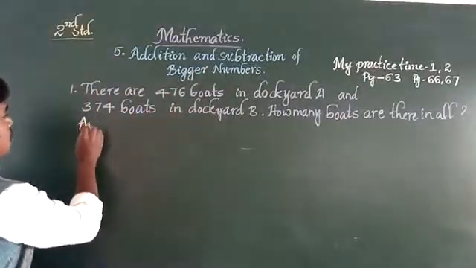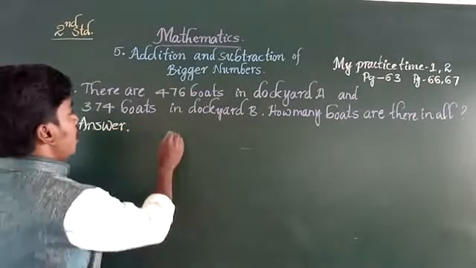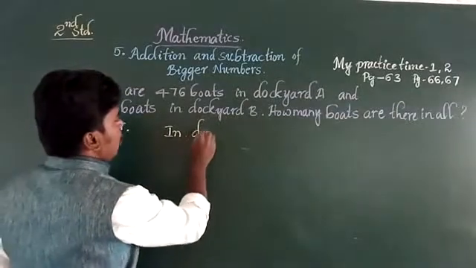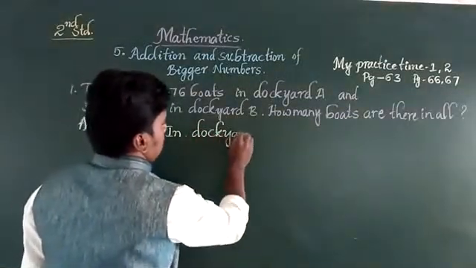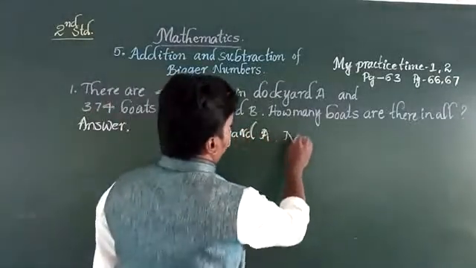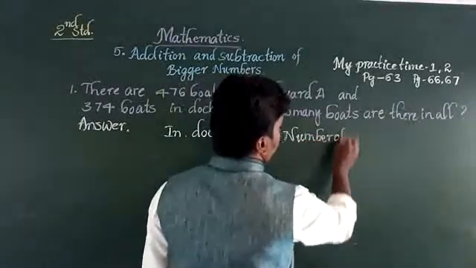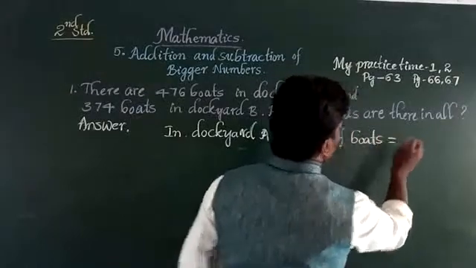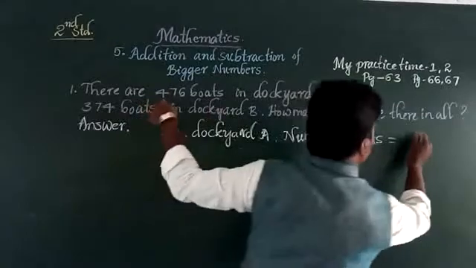Solution, it is answer. In duckyard A, number of boats is equal to 476.